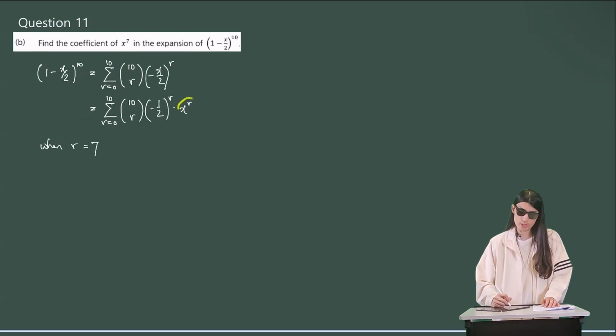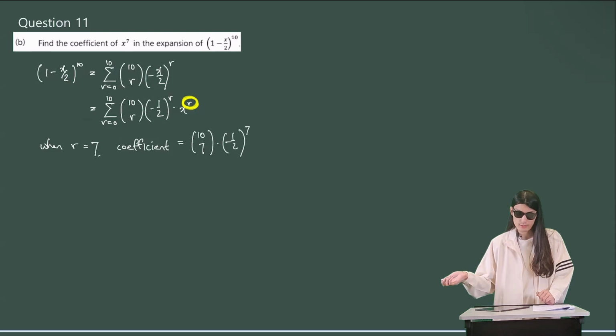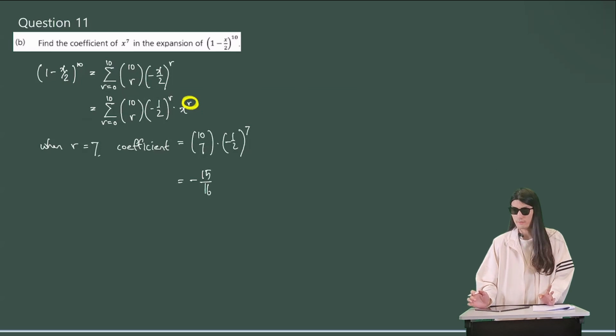In other words, when this power on the x is equal to 7, that's what we are interested in. The coefficient of that term is 10c7 multiplied by negative 1 on 2 to the power of 7. That goes to your calculator. Minus 15 on 16 is your coefficient.